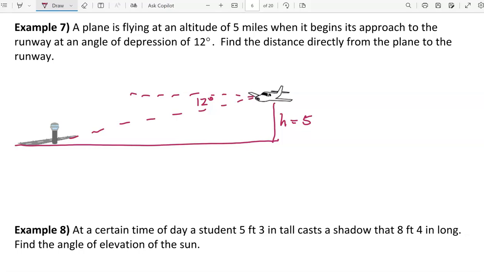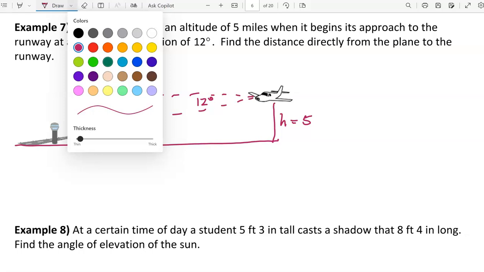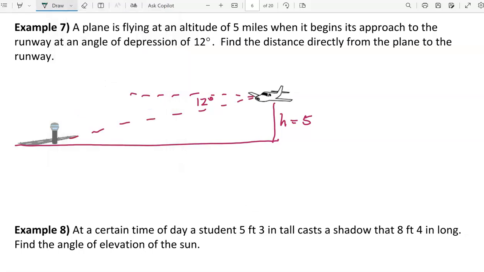We can do a couple things with this. Verticals and horizontals, we assume, meet at right angles, although that may not be true if the ground's not perfectly level, right? But we make that assumption when we're working word problems.